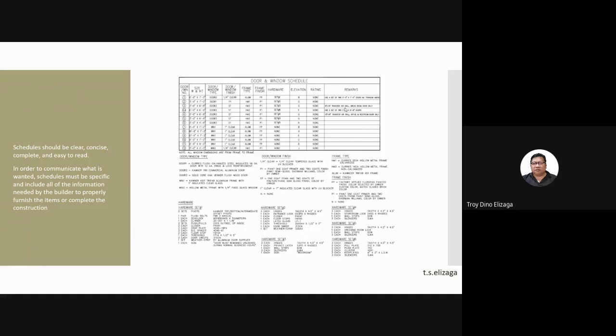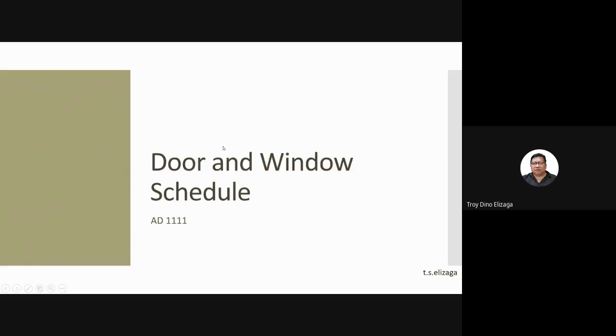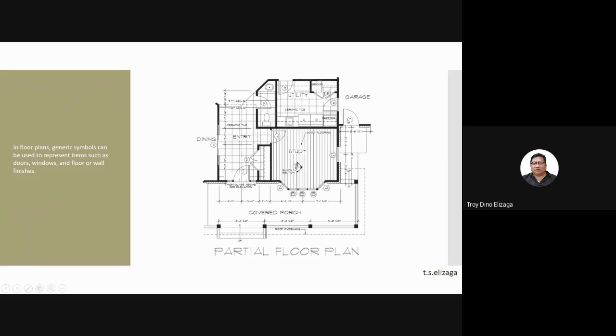So here we have a combined door and window schedule. Okay. If you notice at the side, we have the door and window number. It's one to something. So in the previous example, there's a different symbol for doors and different symbols for windows.